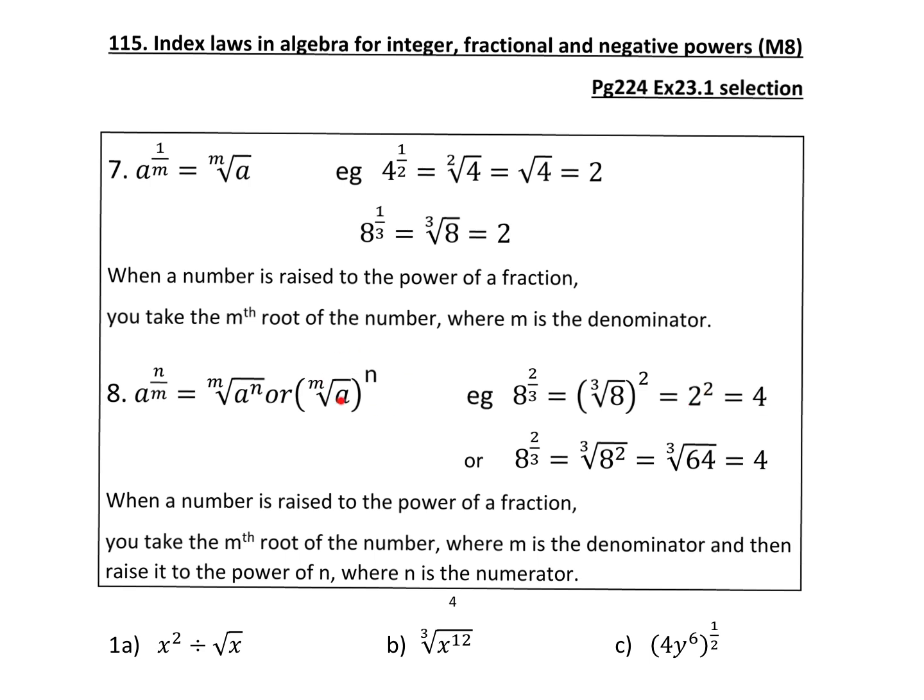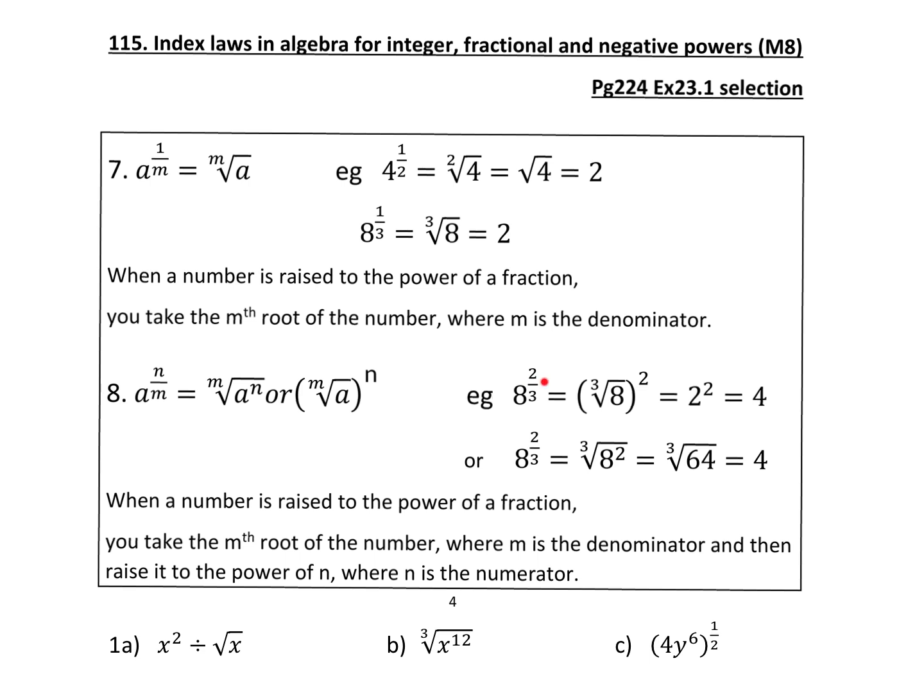Now, with this rule, you can look at it back to front. You don't have to take the mth root first and then raise it to the power of n. You could raise the number to the power of n first and then take the mth root. So here, we could raise it to the power of 2 first, so 8 squared, to give us 64, and then, 3 being the denominator, take the cube root of 64, and that is 4.